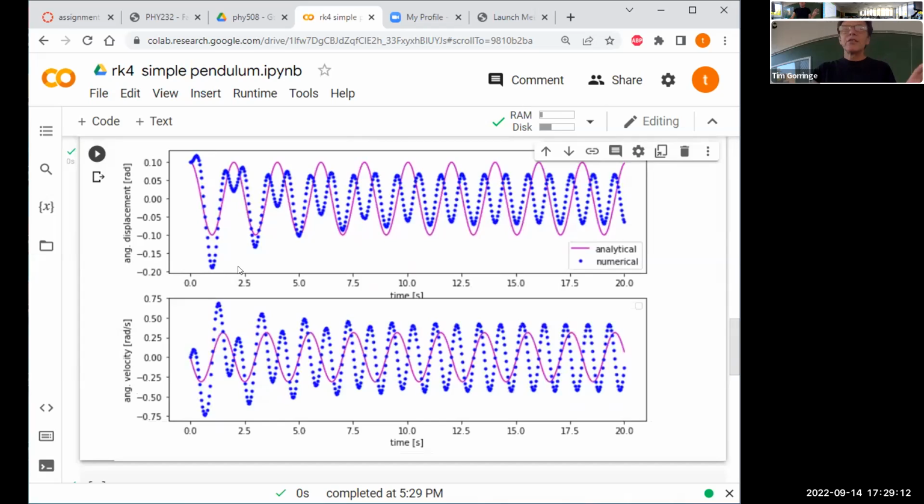Okay, so we're applying this driving force. It's twice the frequency of the natural frequency. And we're comparing it with the simple pendulum where there was no damping or driving. So the simple pendulum is just the magenta curve. And the blue dots are the numerical solution with the damping force and the driving force.